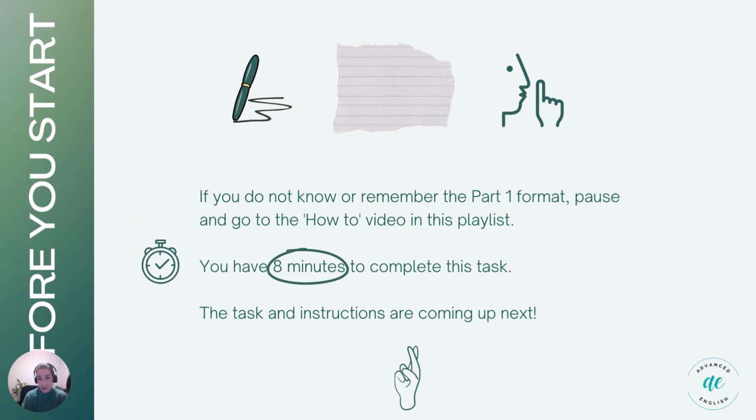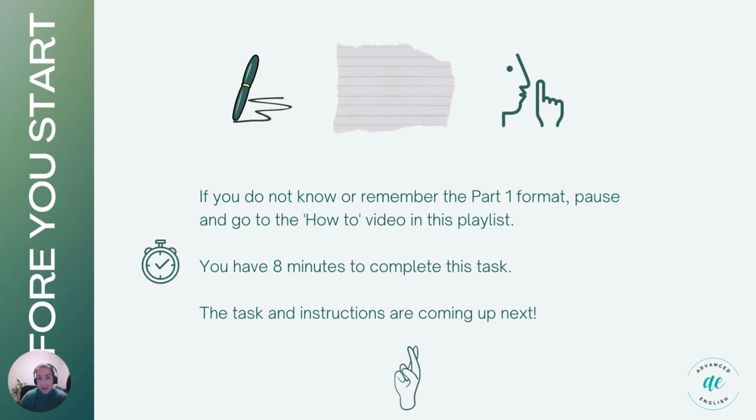You will have 8 minutes to do the activity. It may take you a little longer, it may take you a little less, but working to 8 minutes is a good measure because in the exam you will have a limited amount of time to do 7 activities, so you want to make sure that you're distributing your time in the right way. Lastly, you will see the task and the instructions on the next page.